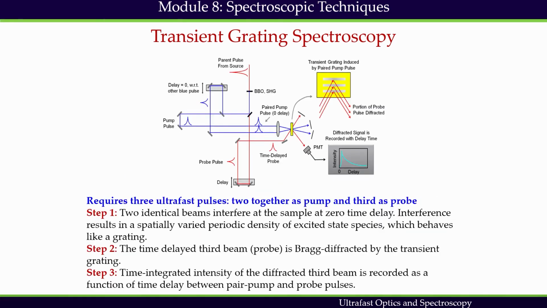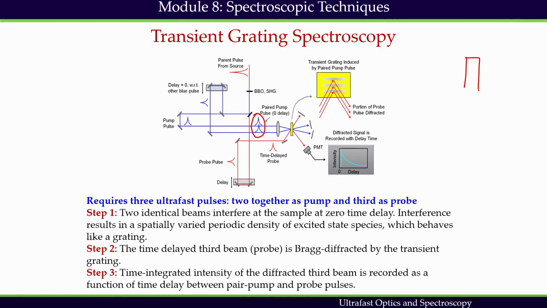The technique is as follows. We use two identical pulses. These two identical pulses, which are kept at 0 time delay, interfere at the sample with an angle 2 theta.